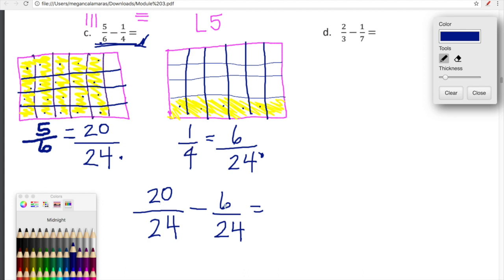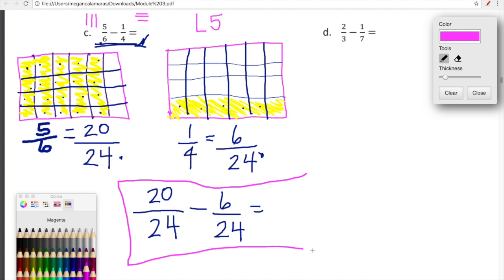So you guys are going to go ahead and do the subtraction here. For your second problem, label it L5, and I need you not only to write this expression, but you must solve it, simplify the expression if you're able to, and then I'm going to show you up here how to model the subtraction of these two numbers.